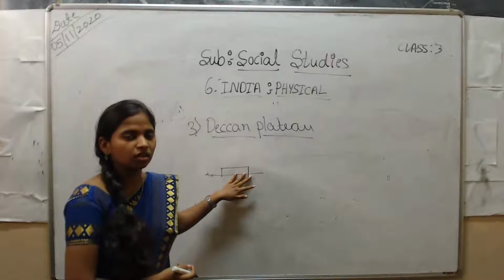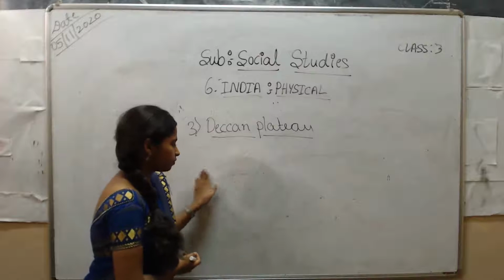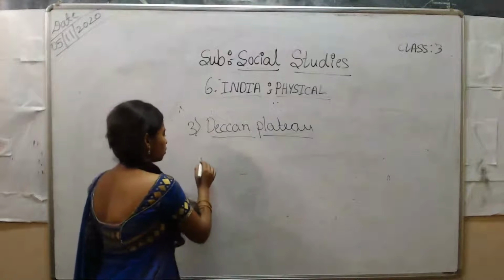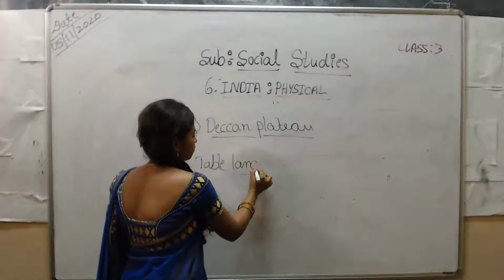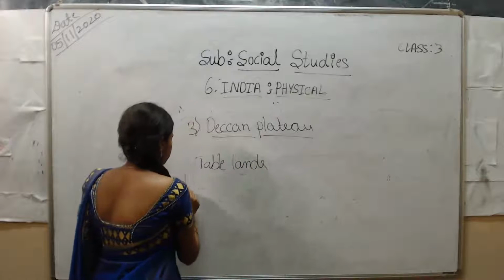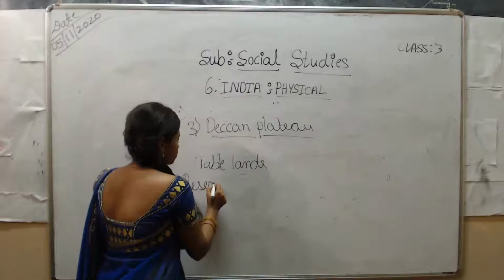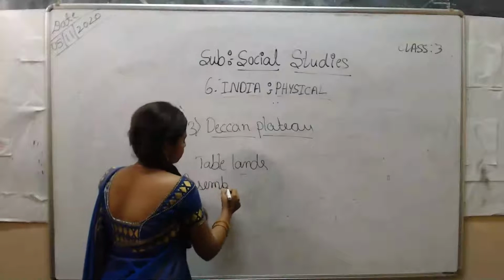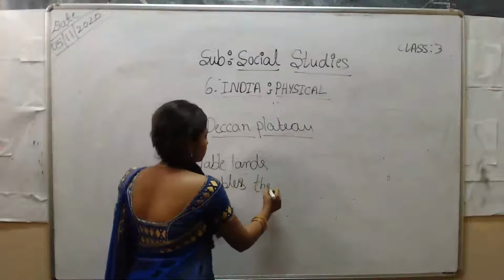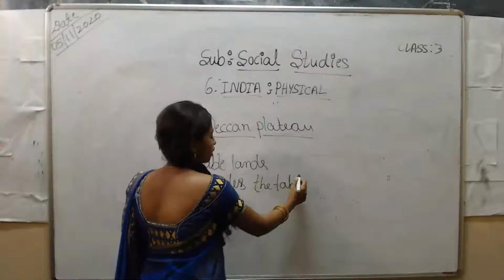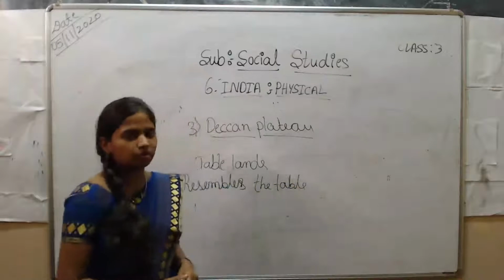That is known as a plateau. Why do we call them table lands? It resembles a table. Hence we call them Deccan Plateaus.